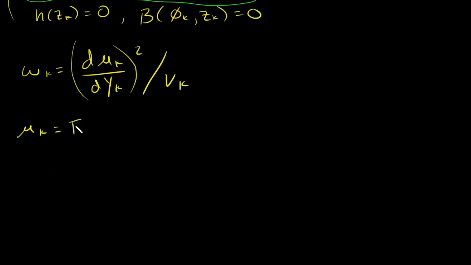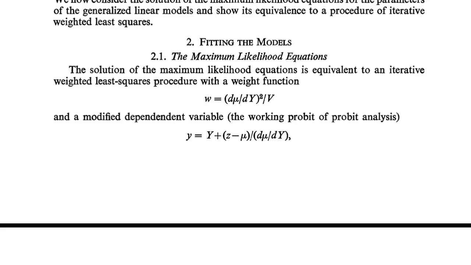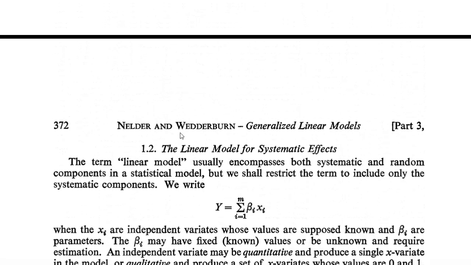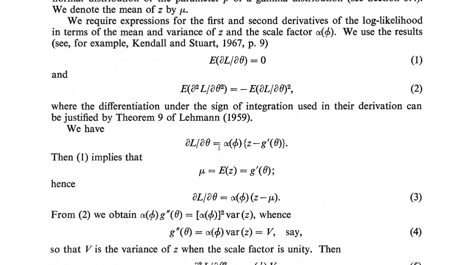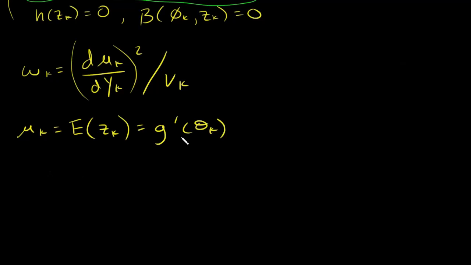Mu is the expected value of z, which is the same thing as the first derivative of the function g, right? If you're like, well, wait a second, where'd that come from? That was earlier in the paper. We showed that. Okay, so earlier in the playlist, we showed this relationship right here. Mu is the expected value of z, which is the first derivative of g. Okay, so now we can use that because we know what g is. So let's go ahead and plug that in.